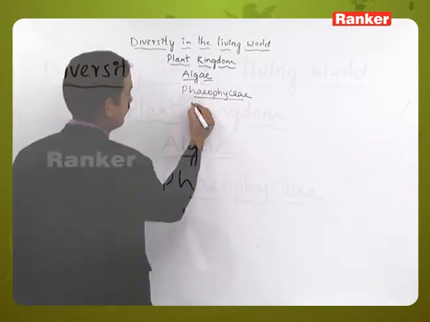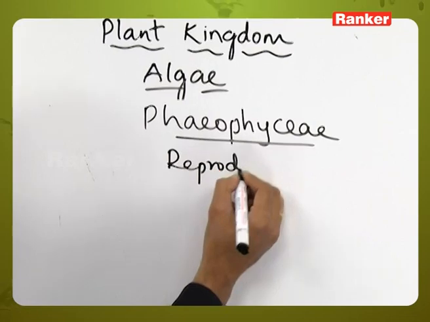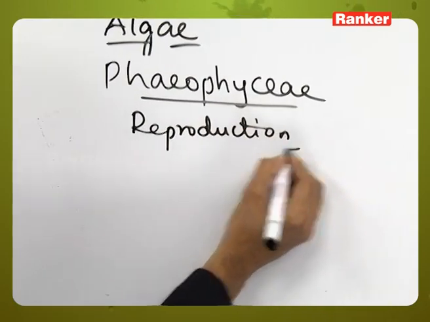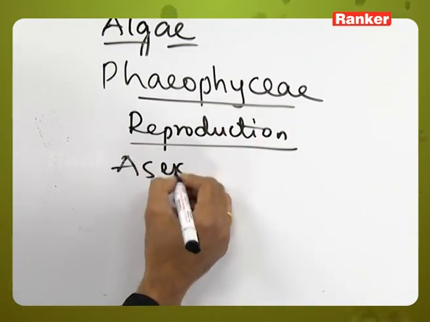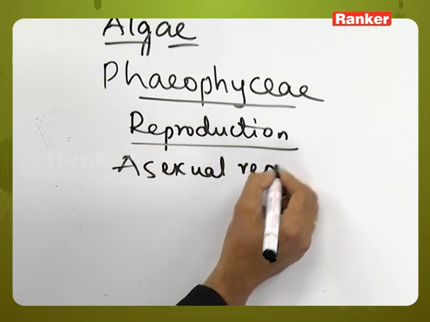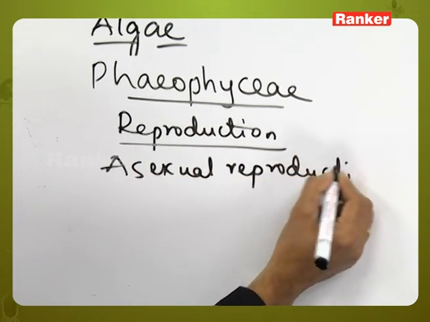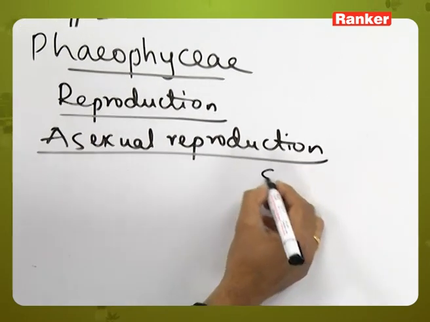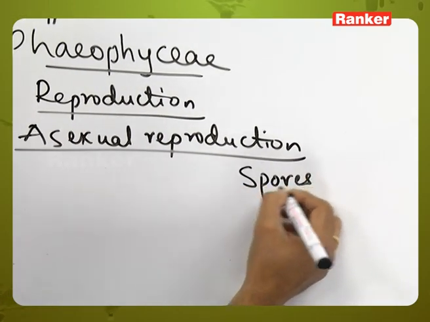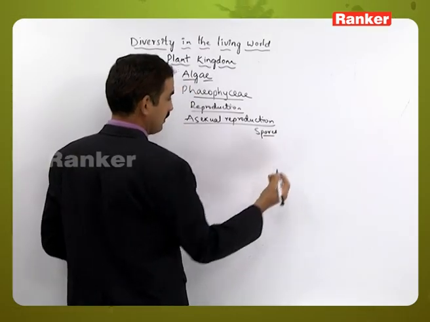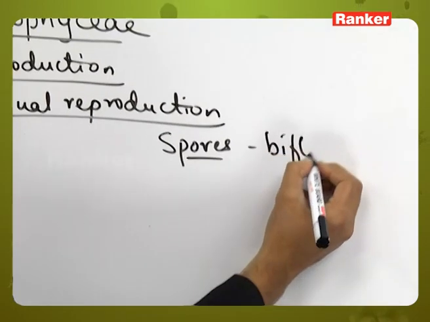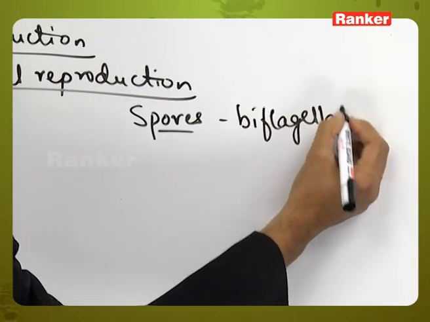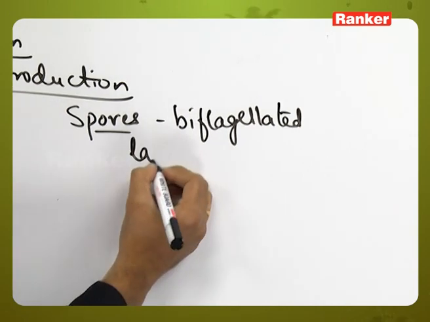Reproduction. They participate in an asexual method of reproduction in which they produce spores. Generally these spores are biflagellated and lateral in position.